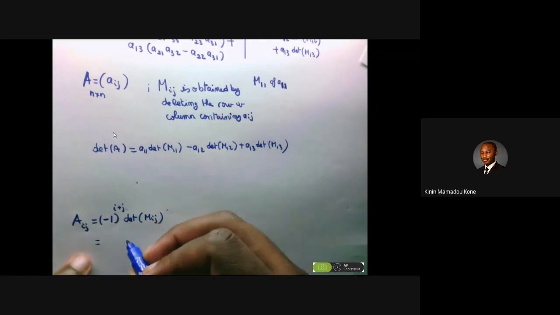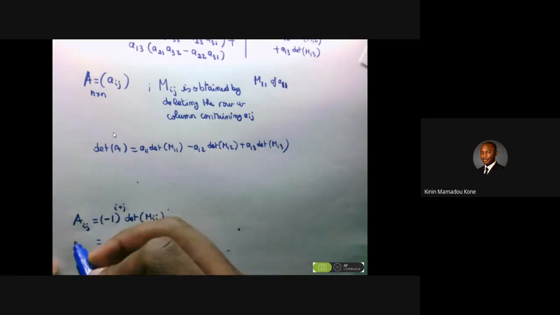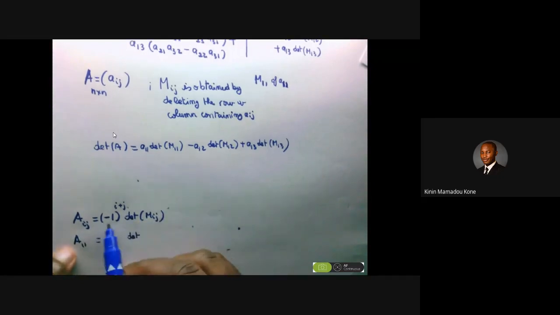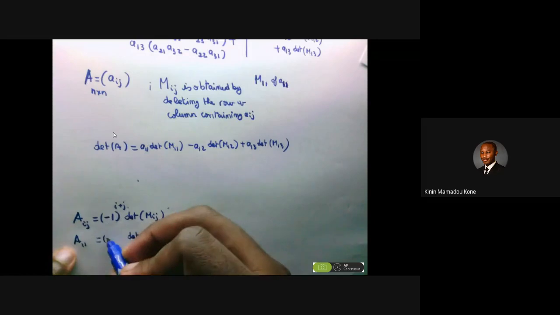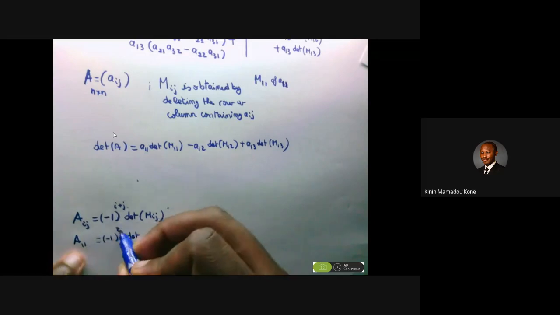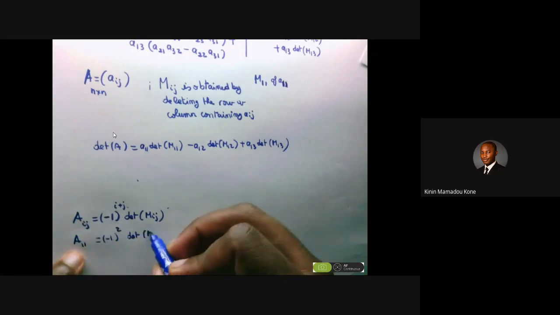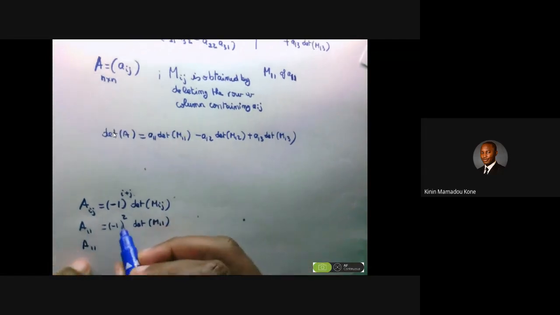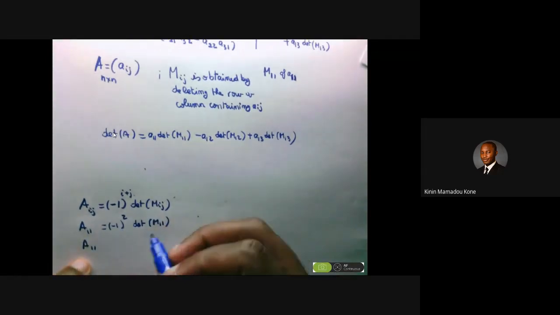If I am looking for A11, the entry over here is going to be negative 1 raised to the power 1 plus 1, and that's going to be positive determinant of M11.